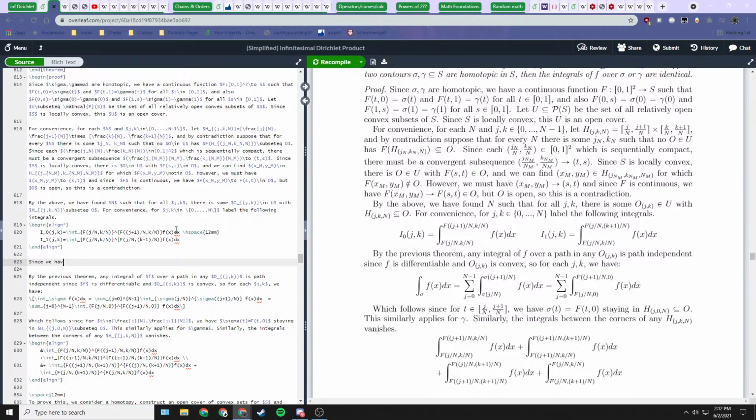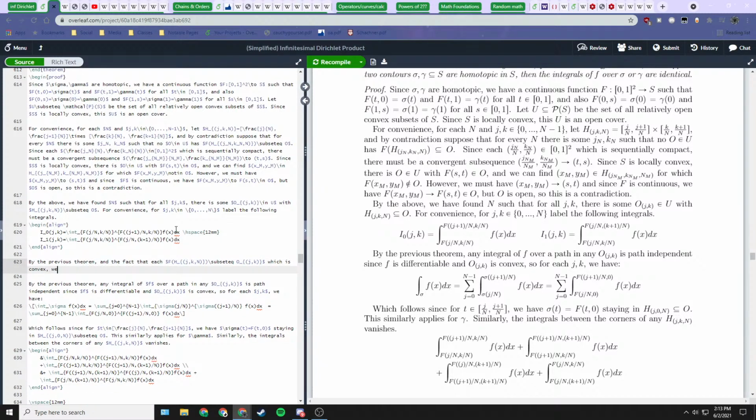So by the previous theorem and the fact that each f of h sub jkn is a subset of O sub jk, which is convex, the integral of f around the edge of any h jk tile vanishes.